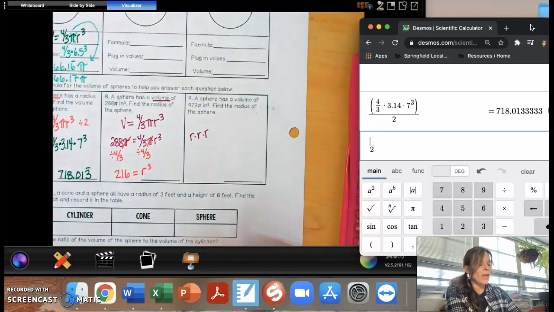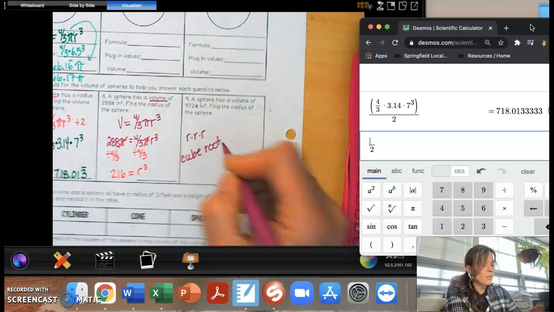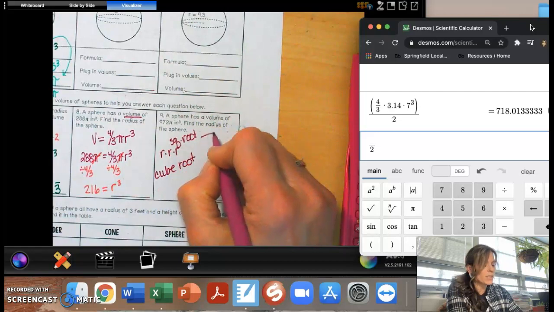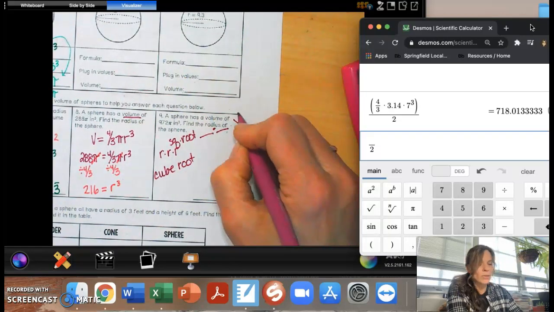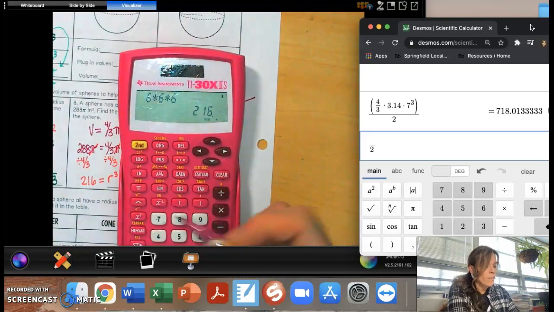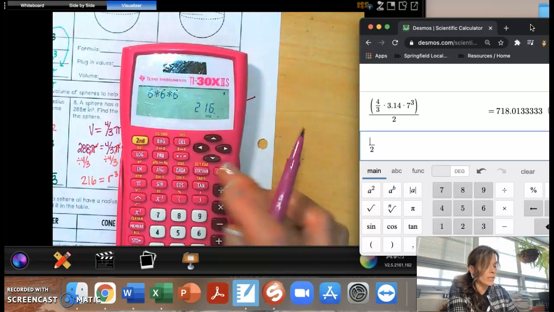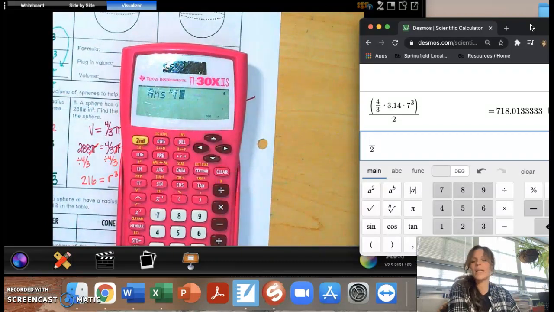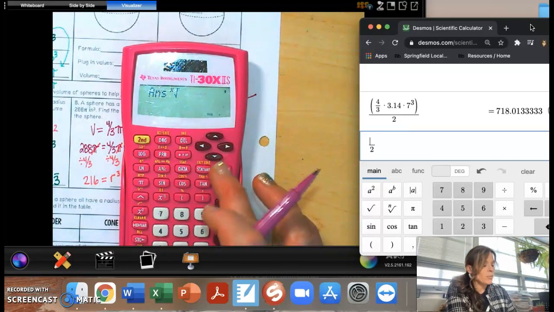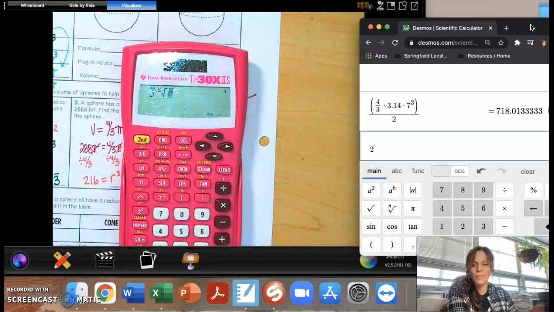There's something called a cube root. So just like we had the square root, where we thought of a number times itself, and we use that square root sign, this is where we're going to use that sign on your calculator that had that little x in front of it. So it's above your raised to the power of. The way to get the cube root is to hit the 3 and then the root sign.